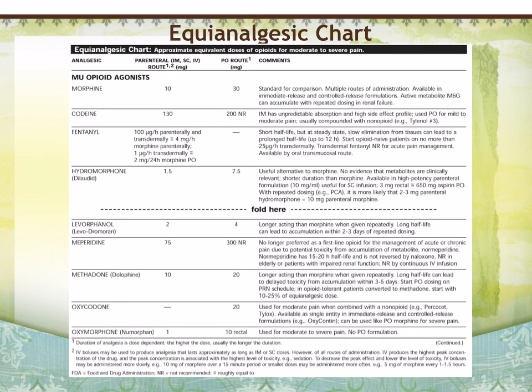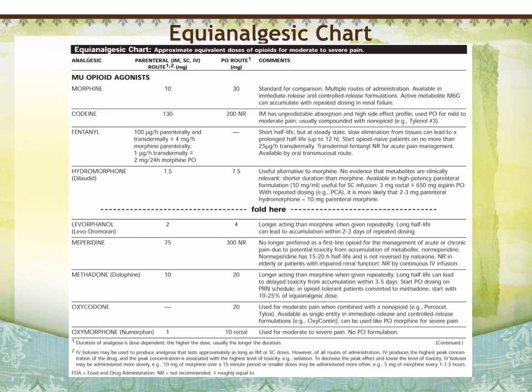The equianalgesic chart is posted, I have seen, in almost all hospitals in and around their medication room. It might be inside the medication room or outside, where the nurses can easily see it.